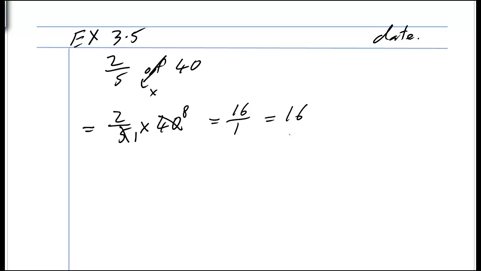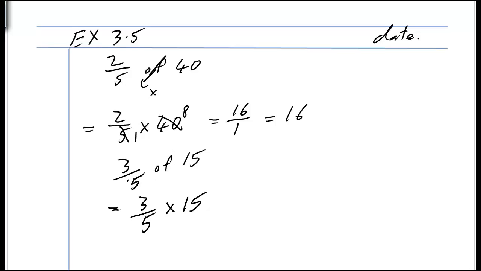Say you had something like 3/5. Let's do another one. So you had 3/5 of 15. That doesn't look like a 5, does it? 3/5 of 15. All you do is you rewrite it as 3 on 5 times 15.